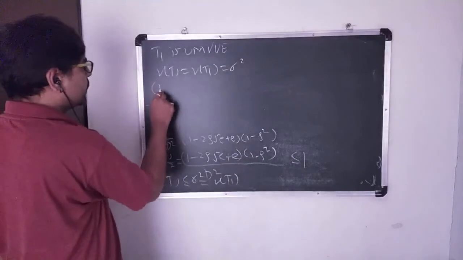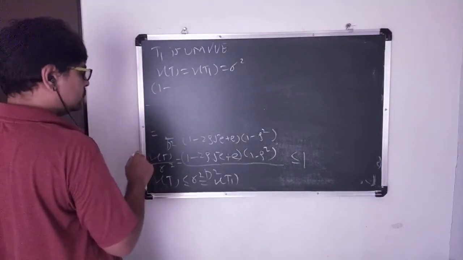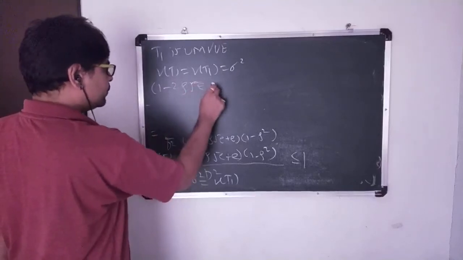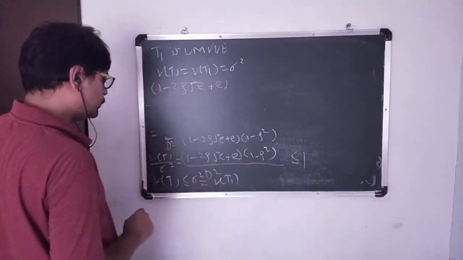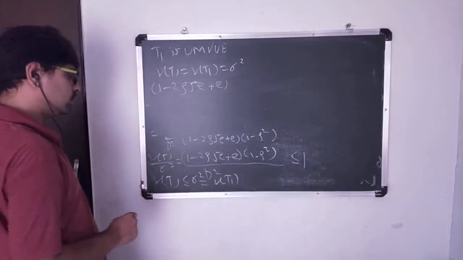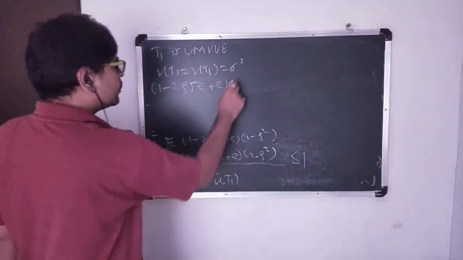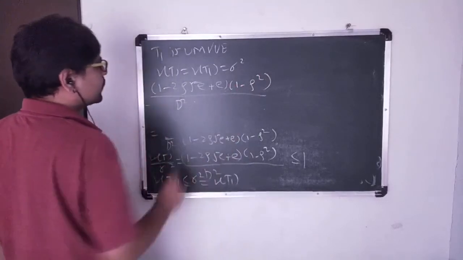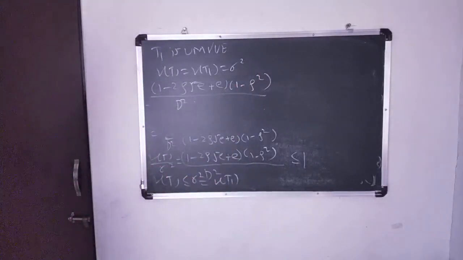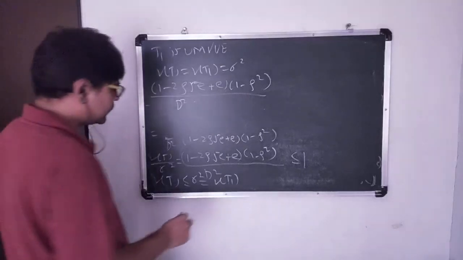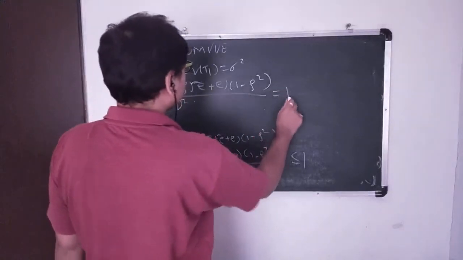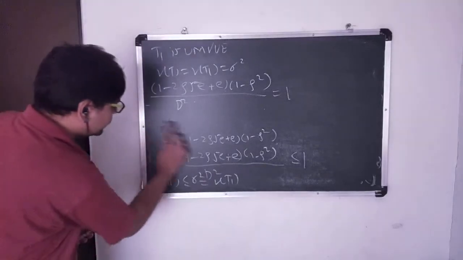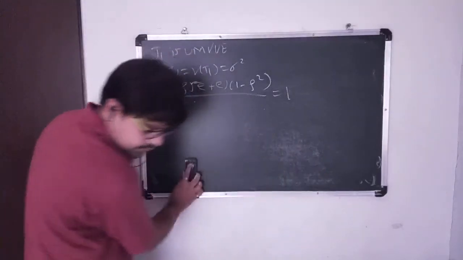So 1 minus 2 rho root e plus e into 1 minus rho square divided by d square is equal to 1.